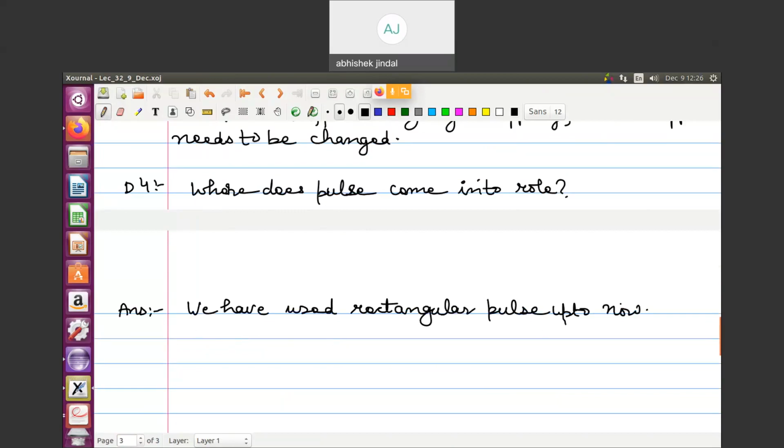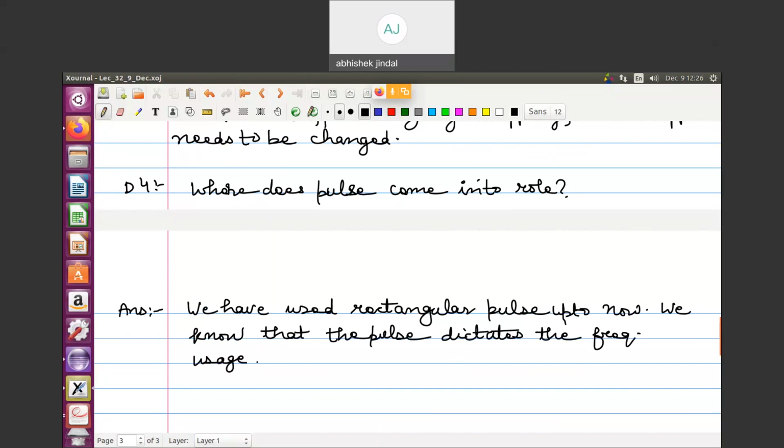We know that the pulse dictates the frequency consumption or frequency usage of the transmitted waveform.